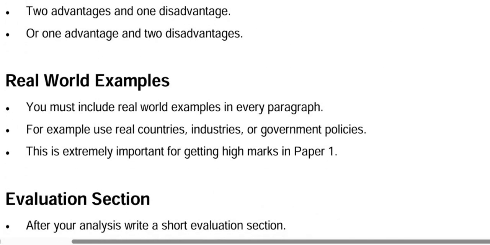And then we have to always give a real world example. It must be included in every paragraph, and there are a few examples, like real countries or industries or government policies. And I think this is extremely important for getting higher marks in paper 1.